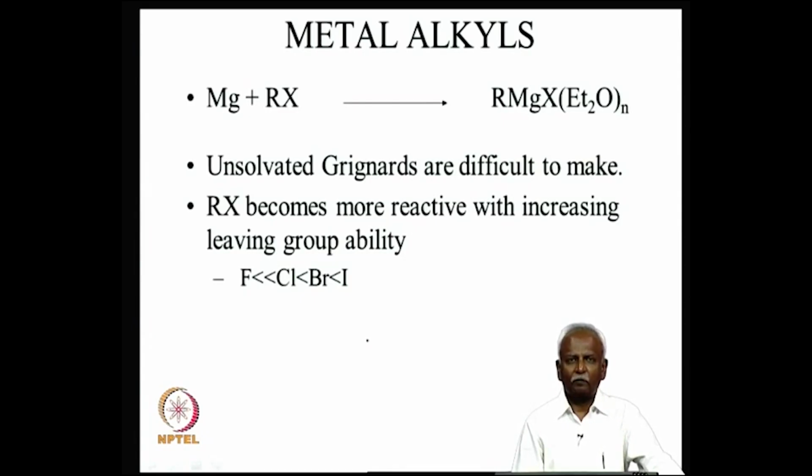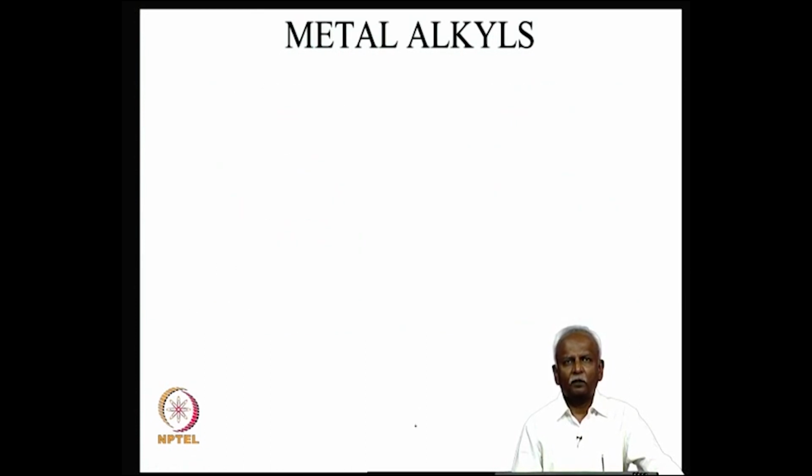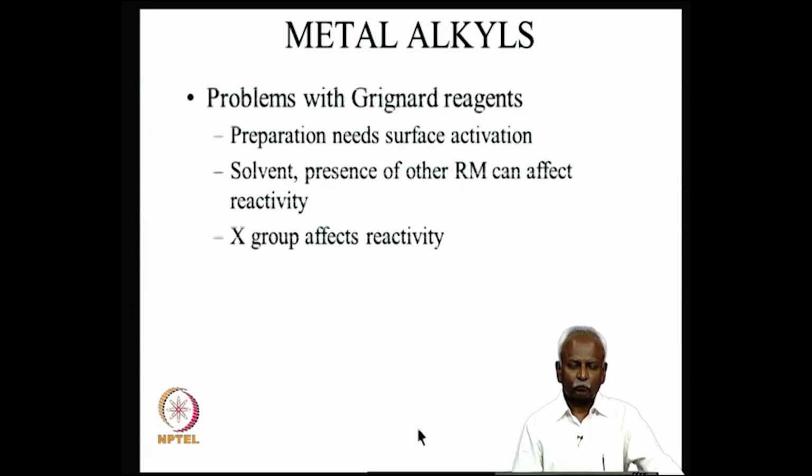For a fluoride, it is very, very difficult to form a Grignard reagent, whereas with an iodide, it is very easy to form the Grignard reagent. And with fluorine, as I said, it is almost impossible to break the C-F bond, and that is the reason why it becomes so difficult to make the fluoro Grignard.